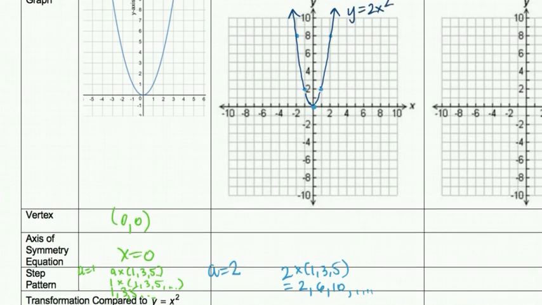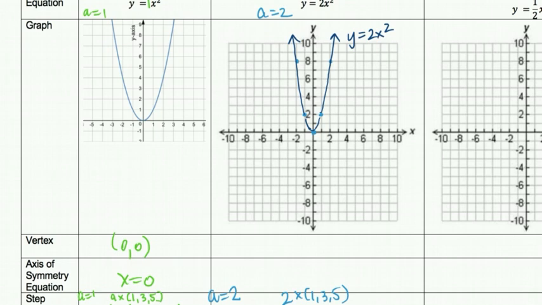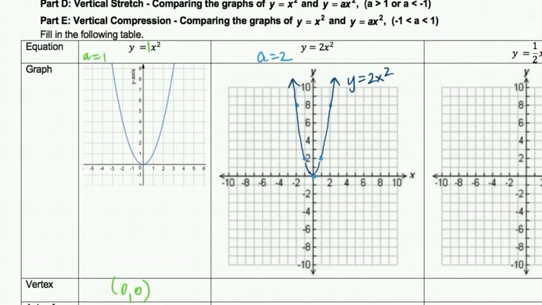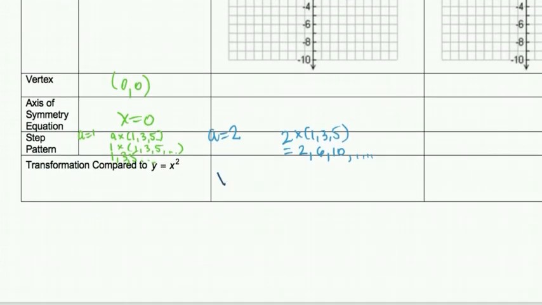All right, so compared to the parent, it is vertically stretched. If you were to draw it on here, you would see it on the inside of this parabola here. It's vertically stretched by a factor of 2. For these ones, I don't want you abbreviating or shortening them, so you have to write vertical stretch.